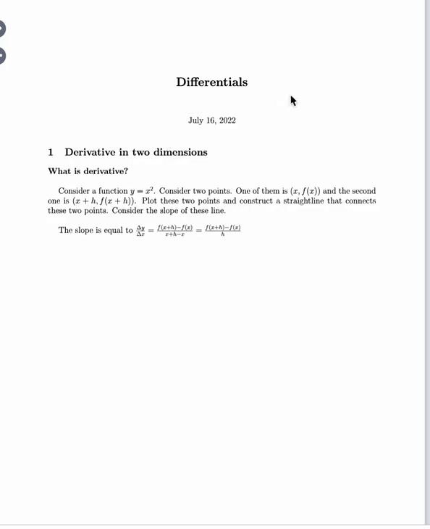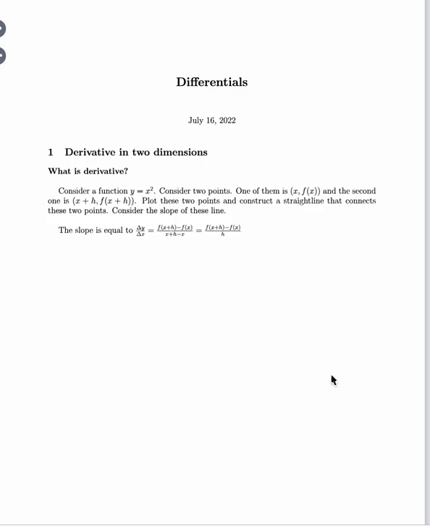Then we fix one of the points, and move the other point on the graph closer to the fixed point.